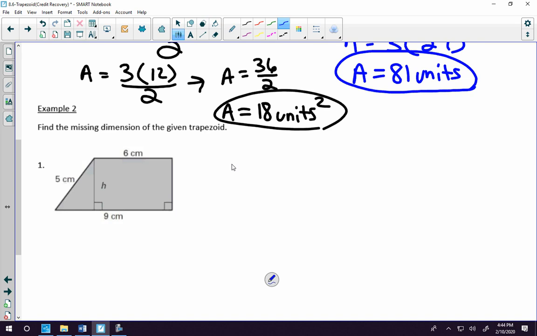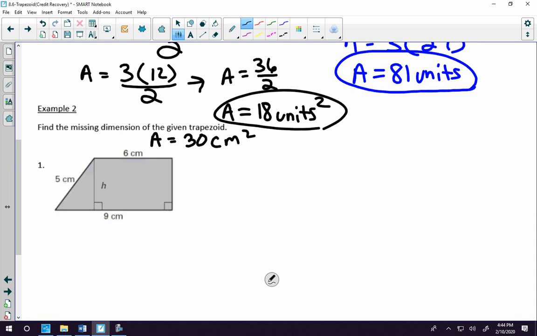We were supposed to be given the actual area of the trapezoid. So let's say, and I apologize for that, the area of the trapezoid is 30 square centimeters.